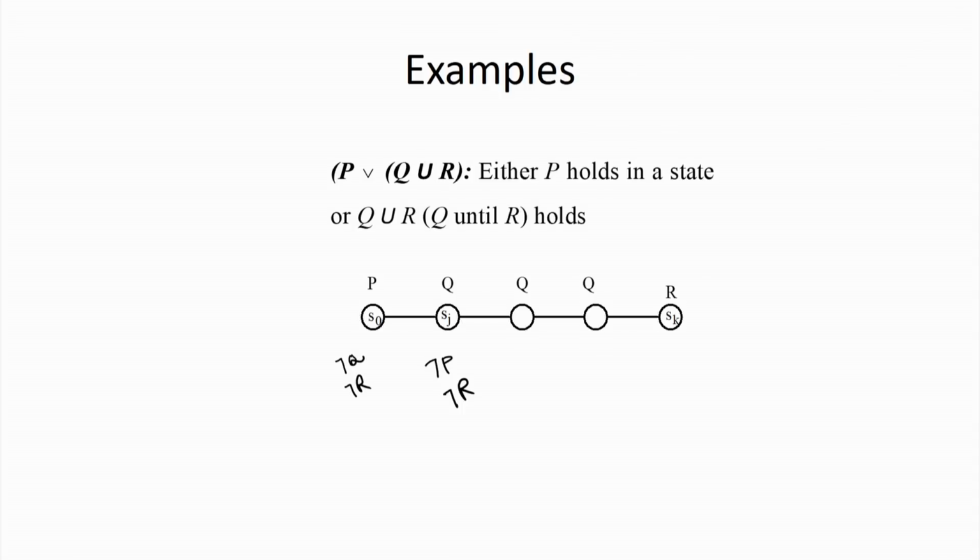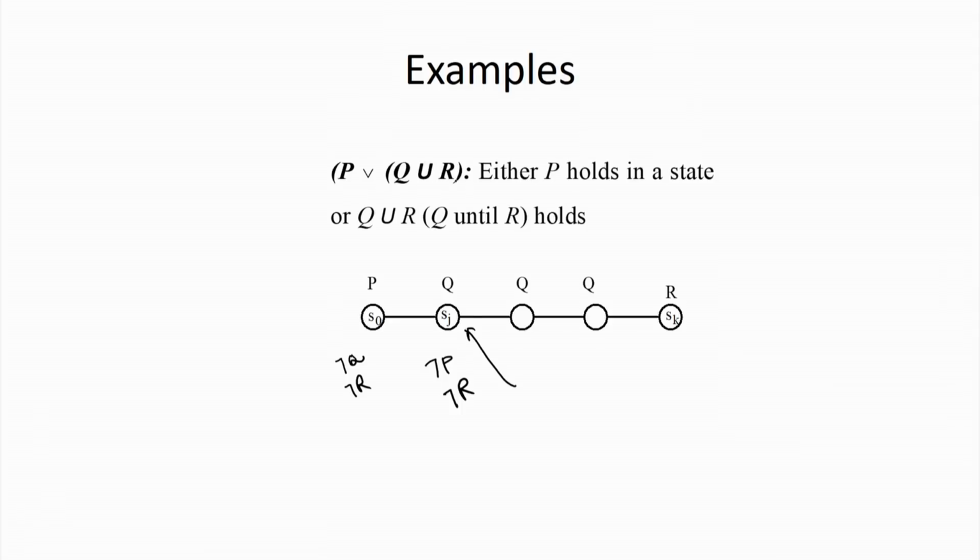Now, we are talking about P or q until r. Whether in S 0 it is true, because P is true itself. So, it is immaterial what the other component is. So, P or q until r is true over here. Now, when I talk about S j, P is false at that particular point.